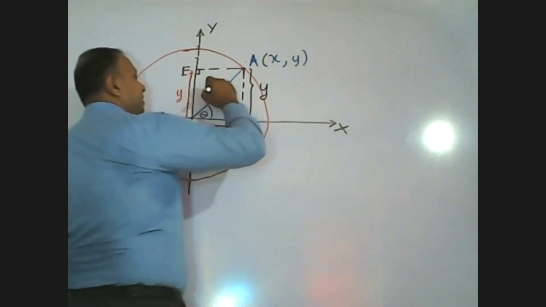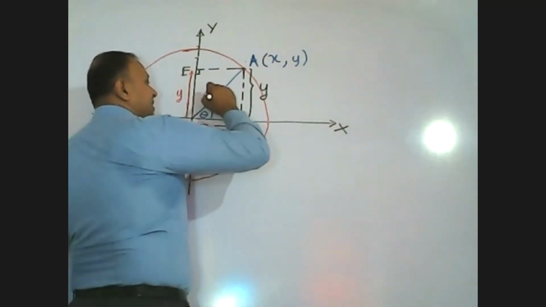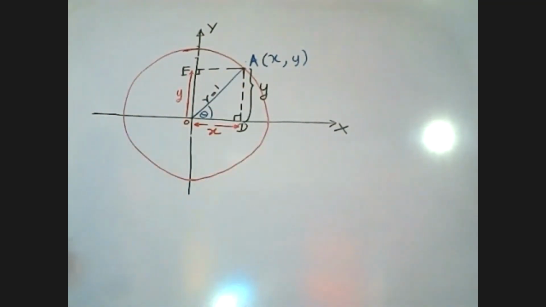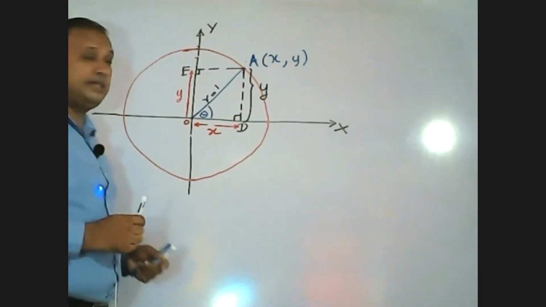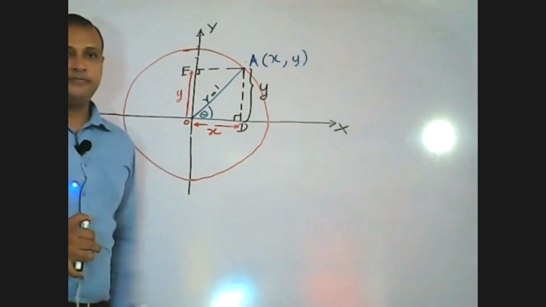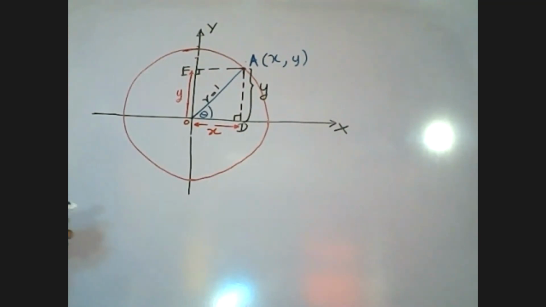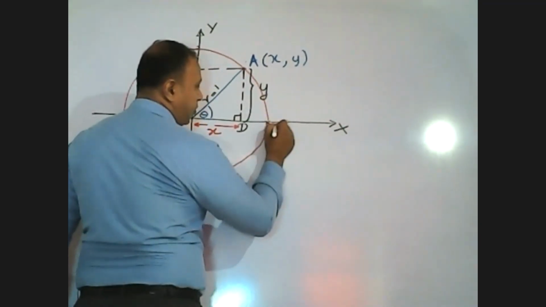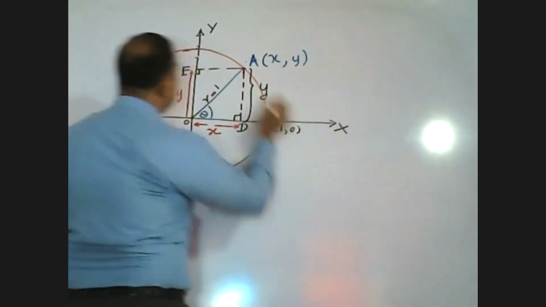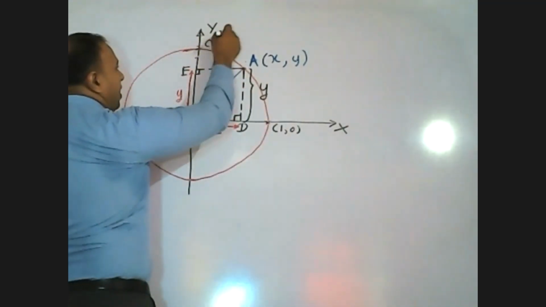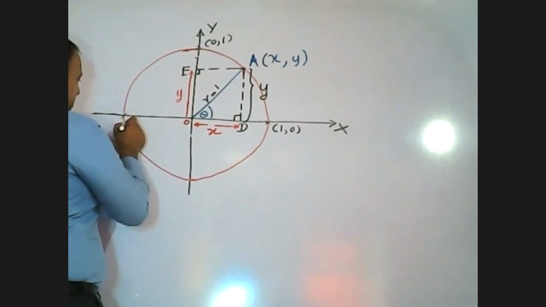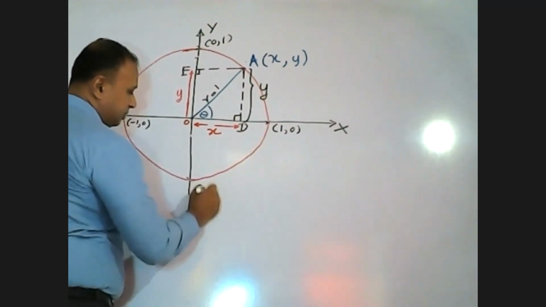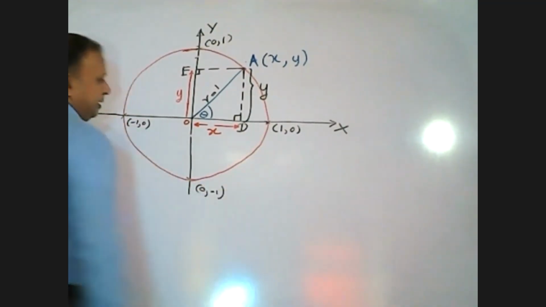Suppose this length is r. I know this length is 1. Radius is equal to 1 because this is a unit circle. And you know these points, no? This point is 1, 0. This point is 0, 1. This point is minus 1, 0. This point is 0, minus 1.